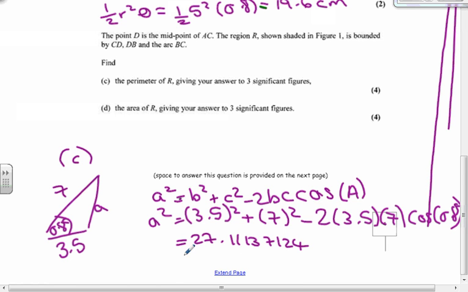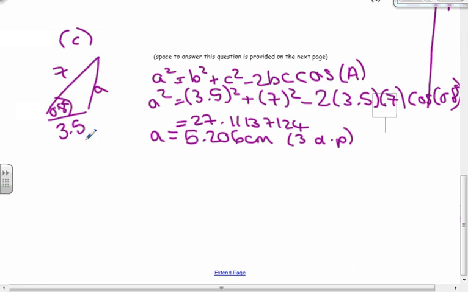We need to square root it first. So then we just have a, which correct to 3 decimal places would be 5.206 centimetres.